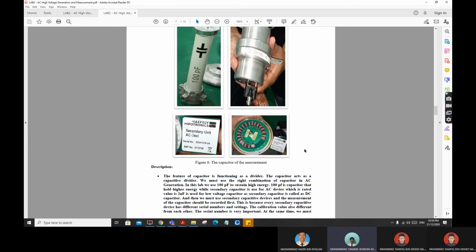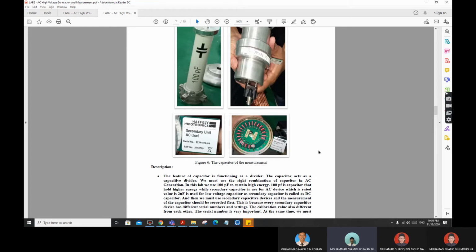We must use the right combination of capacitors in AC generation in this lab. We use 100 pF to sustain high energy. The 100 pF is a capacitor that holds higher energy, while the secondary capacitor for the AC device has a rated value of 2 microfarad, which is used as the low voltage capacitor. The secondary capacitor is called the DC capacitor.